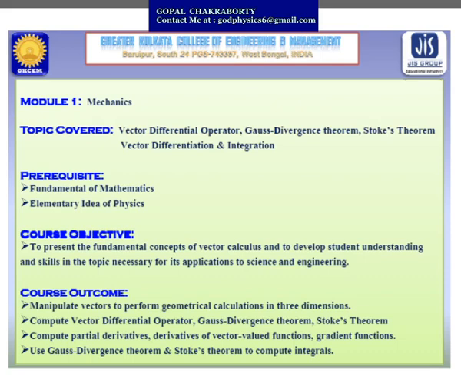The course objective is to present the fundamental concepts of vector calculus and to develop the students' understanding and skill in the topic necessary for its applications to science and engineering. The corresponding course outcomes are to manipulate vectors to perform geometrical calculation in 3 dimensions, compute the vector differential operator, Gauss divergence theorem and Stokes theorem, and also calculate different types of vector derivatives, integration, etc.